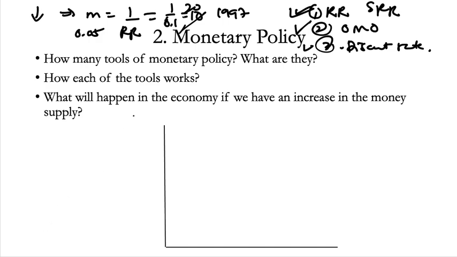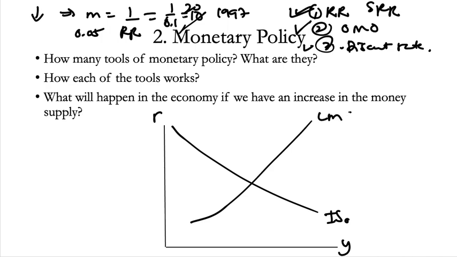It's just revision. So if we try to put it in the form of graph here, I use IS and LM analysis. Then we have interest rate here, we have output here, down sloping IS curve and upsloping LM curve with current money supply M0 over P0. So current situation, equilibrium is R0, Y0 here.